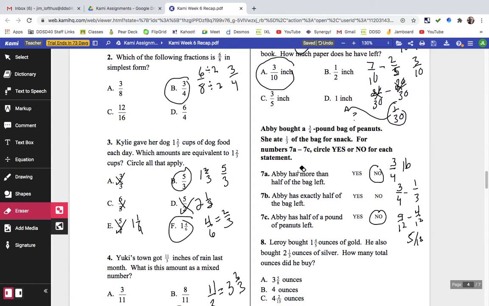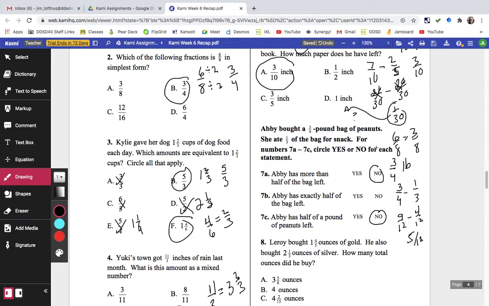So she had 3/4 of a pound, and so half of that would be, let's see, let's change this to 6/8, and half of that would be 3/8.